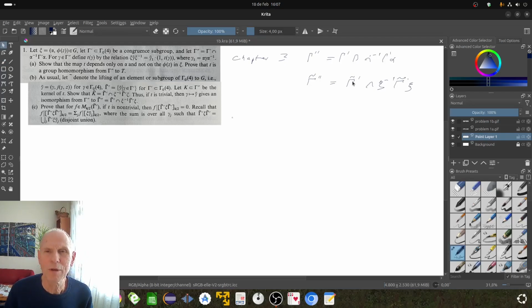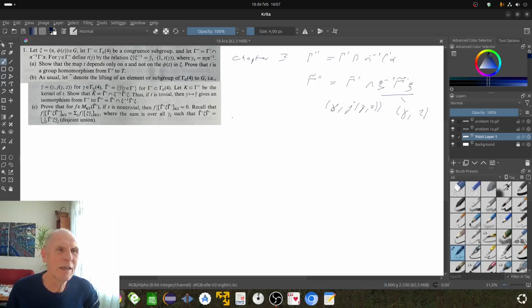because if an element here will have the automorphy factor of gamma point z, but this may come out to gamma point something else.